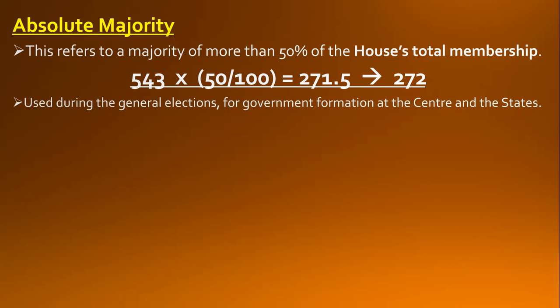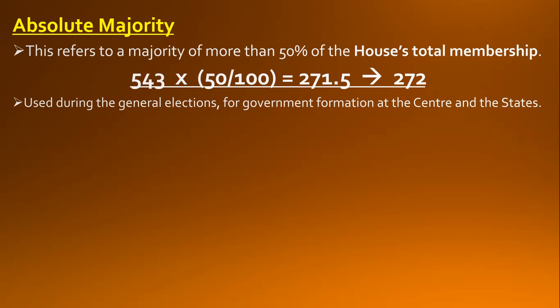Now friends, where is this majority used? It is used during general elections for government formation at the center and states. I have told you how the government is formed in India at the center level and the states level, I think in the first or second class. So this type of majority is used in the formation of government.